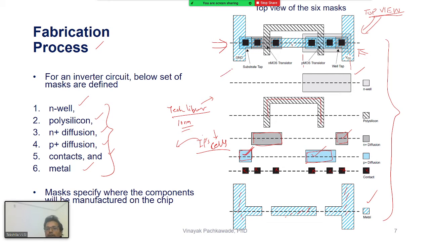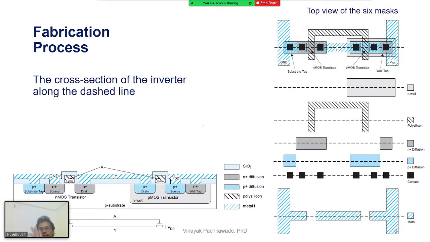Let's say you have drawn this layout yourself using this technology library. So once you know, you can draw a simple layout. You can draw a layout of thousands of logic gates because it's an automated process, and then you can verify that functionality. Okay, so look, this is now a top view, and here is your bottom view.